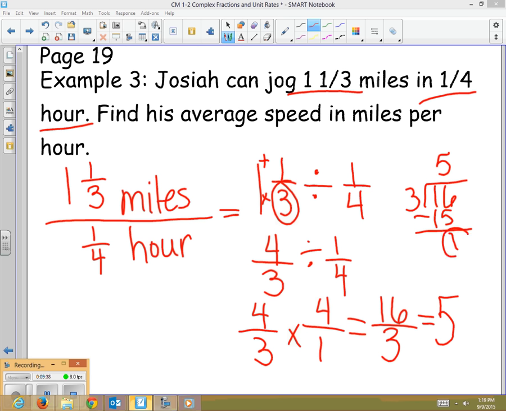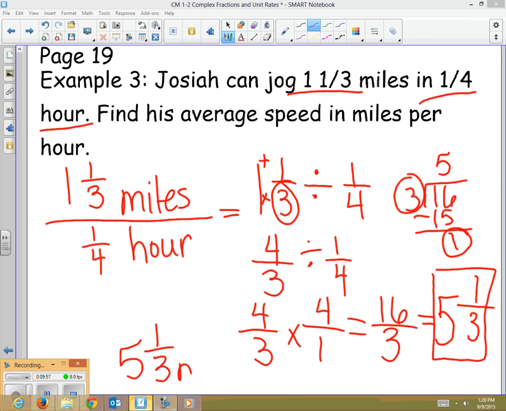The 1 left over becomes the numerator. The 3 that we're dividing by is the denominator. So we get our answer of 5 1/3. So that means his average speed in miles per hour is 5 1/3 miles for every hour that he jogs.